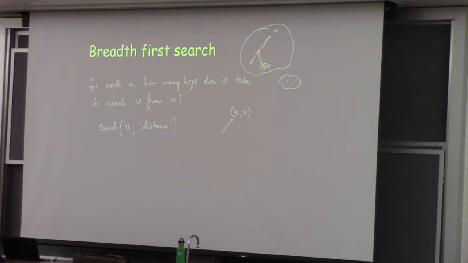And this will go to its neighbors, and let's say these neighbors are labeled 1, 2, 3. And then when you recurse with 1, you'll say search of 1 with distance d equal to 1.